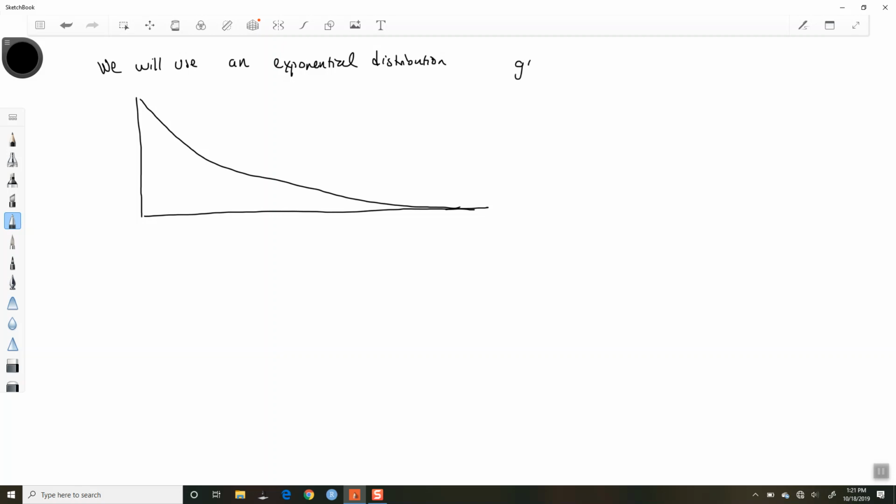We'll call this g of x, or I guess this will be our g of y. And if lambda equals 1, then we have lambda e to the negative lambda y, which just becomes e to the negative y.